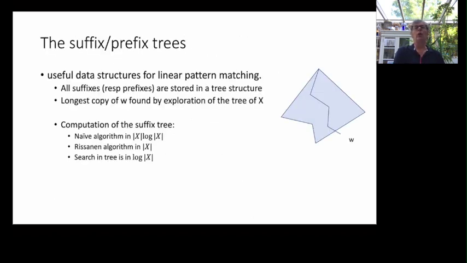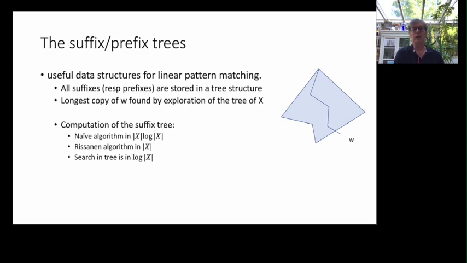It will be used in the next part of the talk. What is very useful for the pattern matching problem is suffix and prefix trees. This is a very useful data structure. It is a tree where you store all suffixes or prefixes; it is equivalent, it is the reverse. It is a very convenient structure because the longest copy of a prefix of a factor is found by exploring the suffix tree of X. For the computation of the suffix tree, we have several ways.